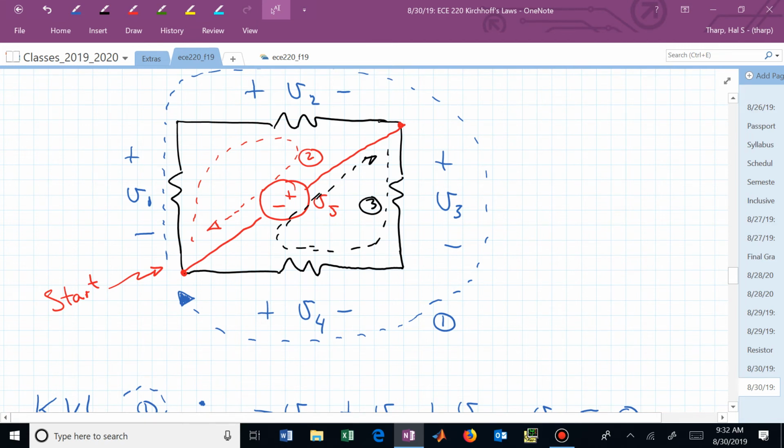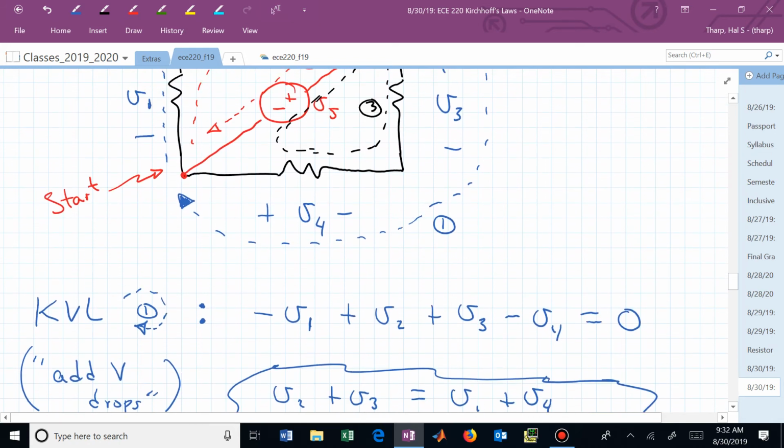It would be plus V3 minus V4 minus V5 equals 0. And you would get exactly the same variables with the same signs if you started somewhere else. And you might just convince yourself of that.